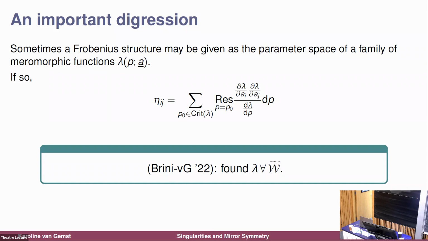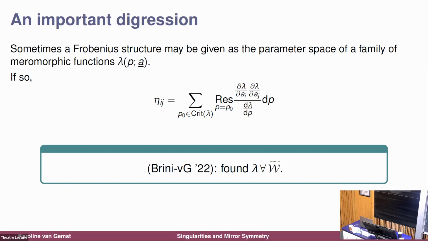So what that is, you have a family of functions, meromorphic functions in my world, and you can construct the Frobenius manifolds on the parameter space of this family. And by doing that, we've already seen this formula where you can find the entries of your eta, well, gram matrix of the eta metric, as taking residues summing over critical points of lambda, of this Landau-Ginzburg superpotential.